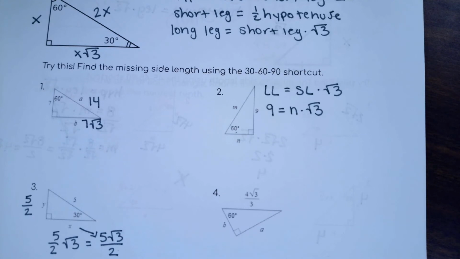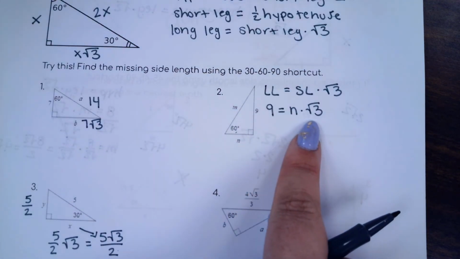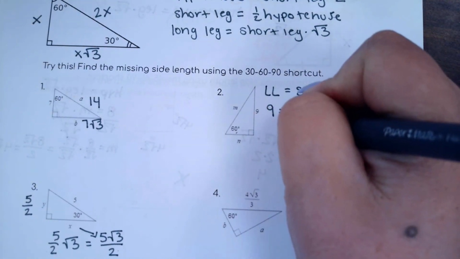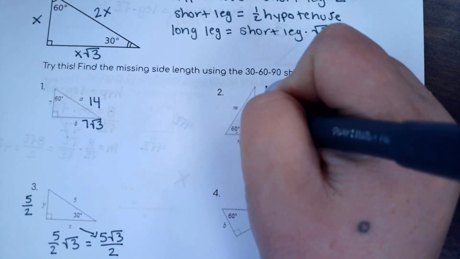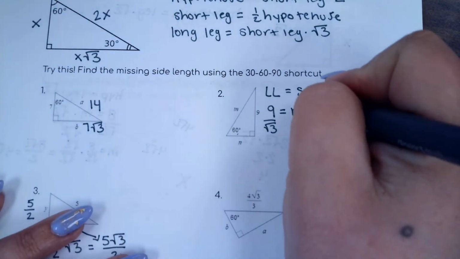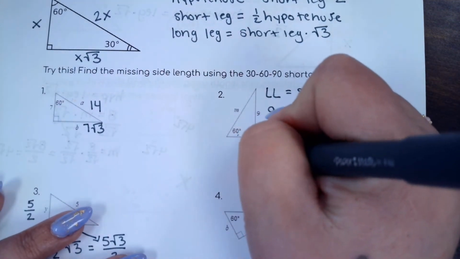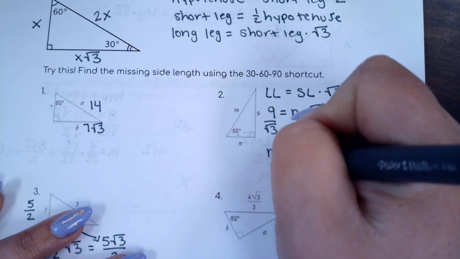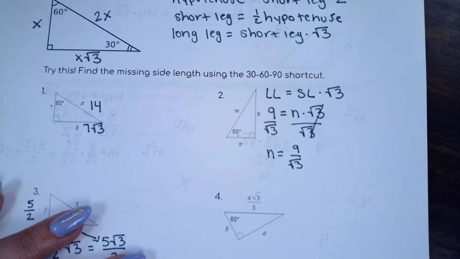It's very similar to the one that we did with 45, 45, 90, except this time we're going to divide by the square root of 3. Remember, the square root of 3 is just a number. Anything that you would normally do with a number, you can do with the square root of 3. So those cancel. We get n equals 9 over root 3.